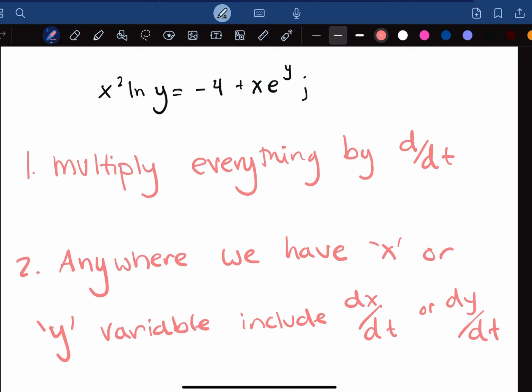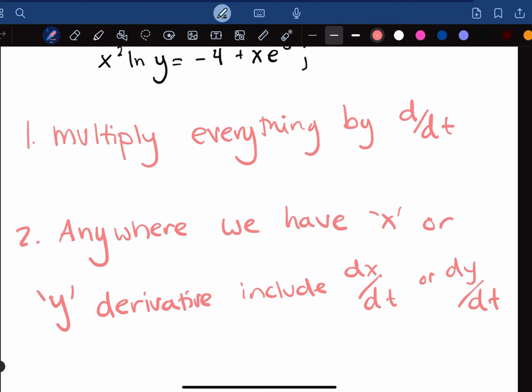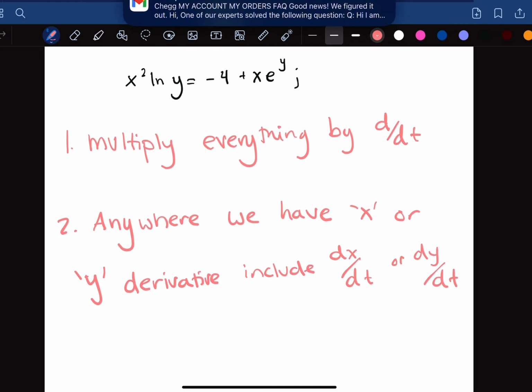So I'm going to say anywhere that we have an x or a y derivative. Because remember, when you have the product rule, if you have an x, you're not necessarily taking that dx dt for that exact step, because in the product rule you don't take the derivative of x for every single step.